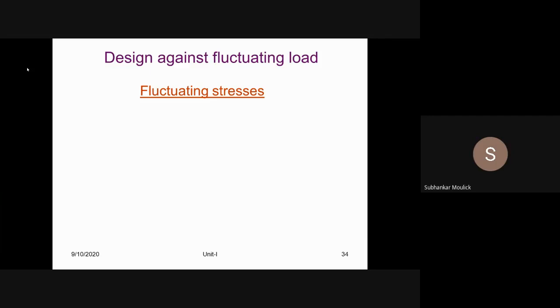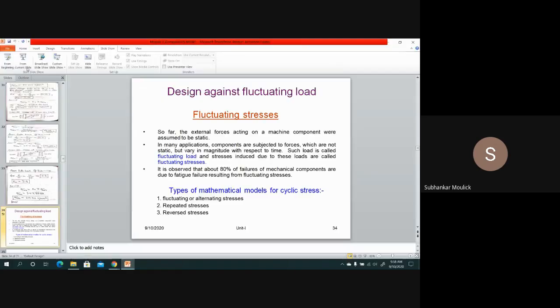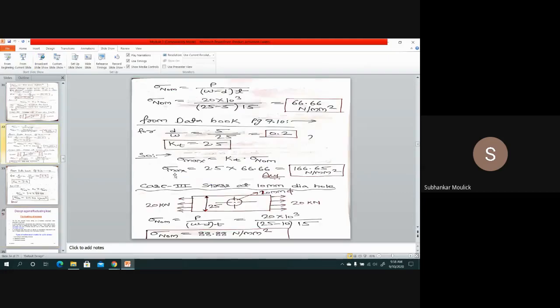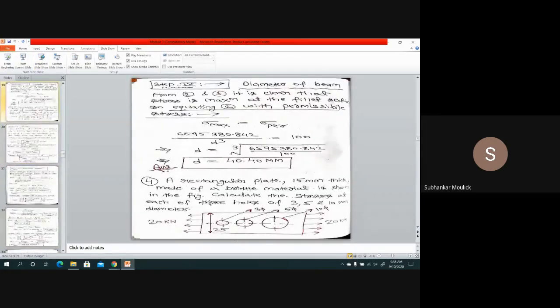That is fluctuating load. So in a body, whatever analysis we have done so far, that analysis is for static load. Load was not varying with respect to time. For example, in the last problem, on this rectangular plate, a static load of 20 kilonewton is acting, and it is constant throughout the problem with respect to time.